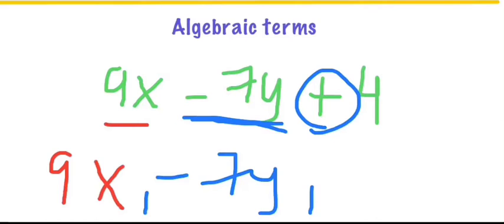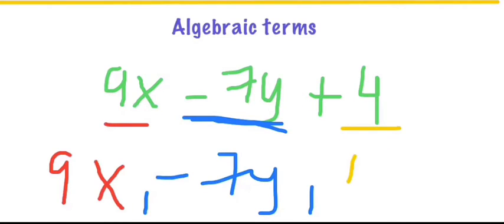So in the algebraic terms also, you should always make sure that whenever the algebraic expression has a minus sign, you have to include that minus sign also, as I have included over here, that is minus 7y. This is the thing which you should always make sure whenever you are solving this kind of sums. Okay, so the next thing is 4.